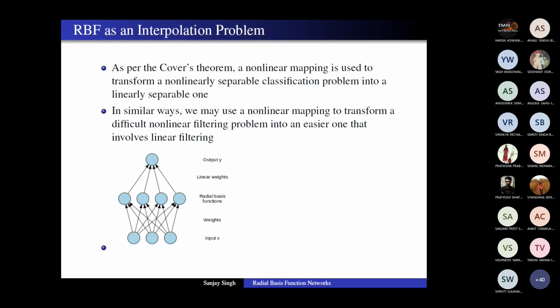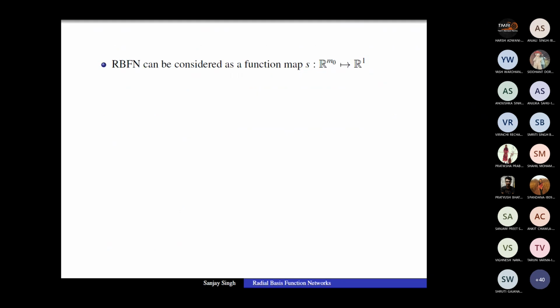Now let's see this. Once again, the same thing. We have to consider that an RBFN can be considered as a function map, S, from m dimensional to 1 dimension. Finally, what you're boiling down to, either a classification or regression problem, the output dimension will be only 1. Either it will tell you the class or it will tell you the value if you are using it for regression.